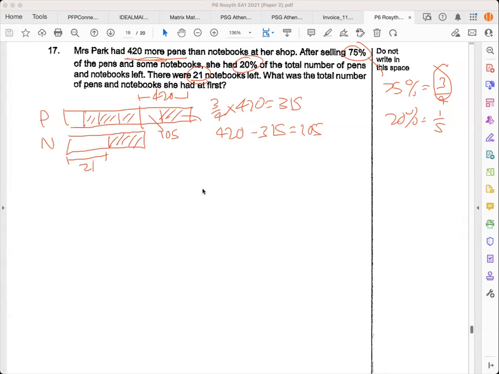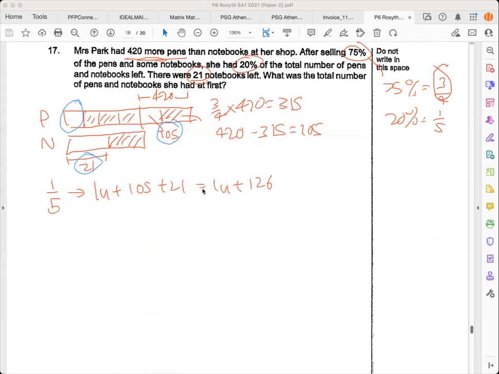So 1/5 of everything is equal to, let me show you, 1 unit, this left, plus 105 plus 21, right? So it's 1 unit plus 105 plus 21, and that gives you 1 unit plus 126, right?